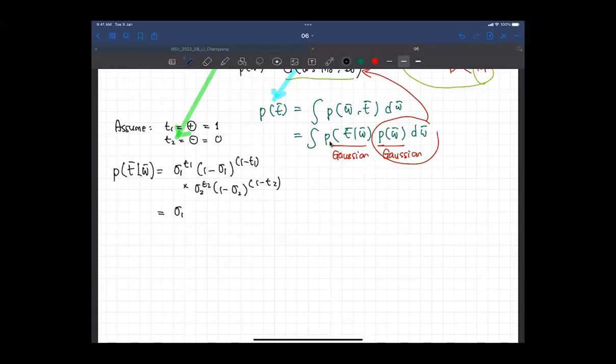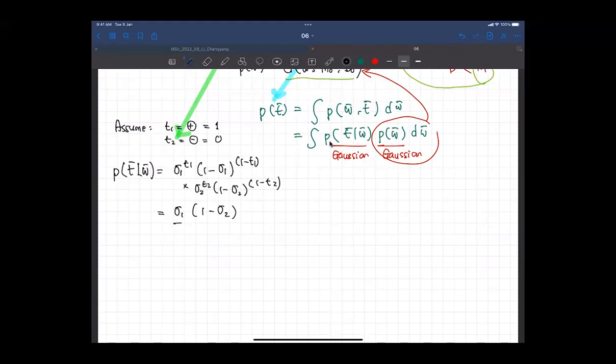T2 is equal to 0. Sigma 2 is not necessarily 0, but close to 0, but there is some number there, and some number to the power 0 equals 1, so we ignore that one. The other one is 1 minus sigma 2, to the power 1 minus T2, which is power 1. All right, so we have that equation.